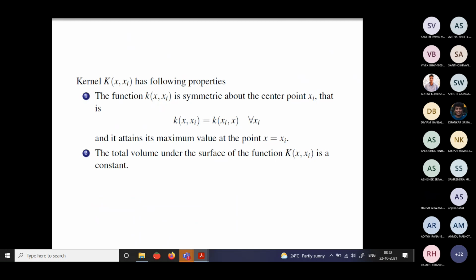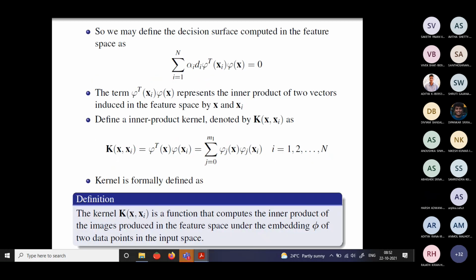Now some properties are there for this, because this function is symmetric about the center point xi. That is, I can write k of x, xi, or it can be k of xi, x. Why I can do this is because here it is an inner product only, so I can always swap the position. Here I can write phi t of xi and phi of x, that's all.